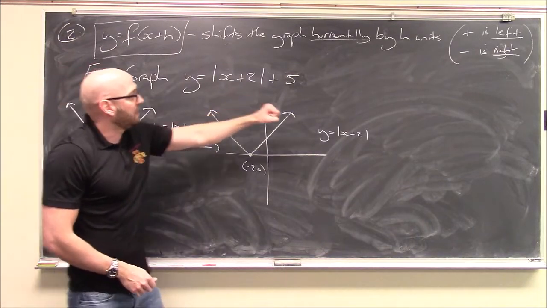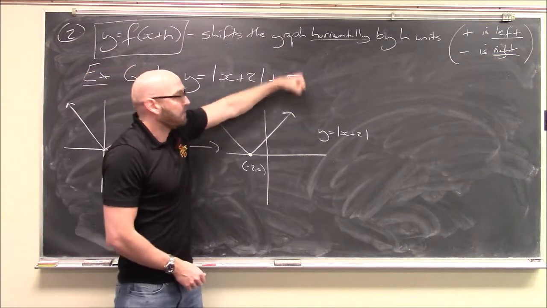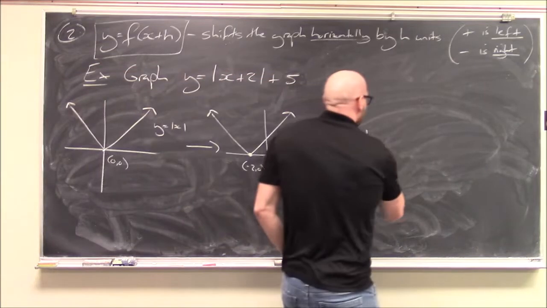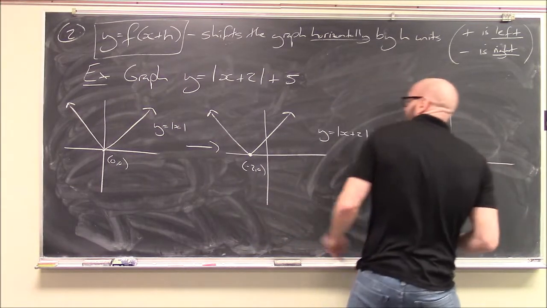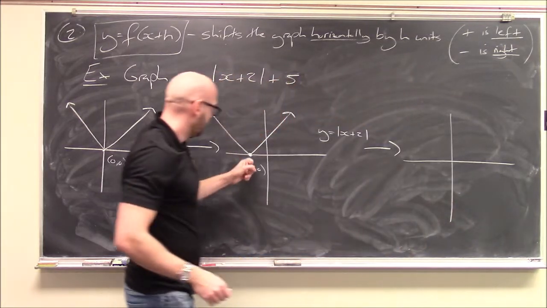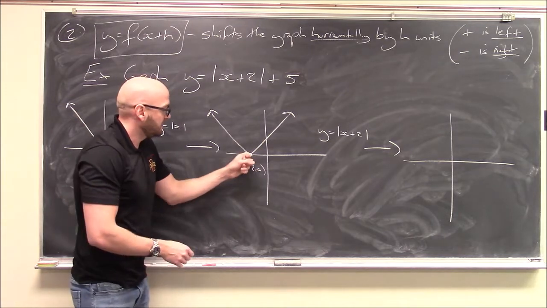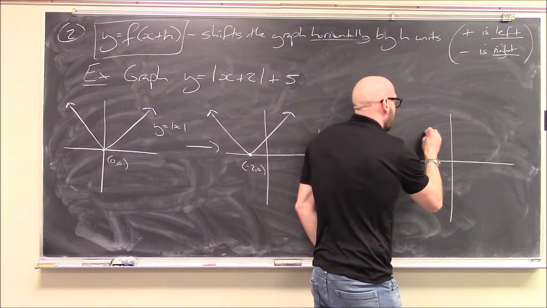Now, I want to take this whole graph, y equals absolute value of x plus 2, and add 5 to it. So that shifts the whole thing up 5 units. And that'll be the end of the game here. Take this graph, move it up 5 units. So this point here that was at the bottom of this valley at minus 2 and 0, that shifts up 5 units to minus 2 and positive 5.